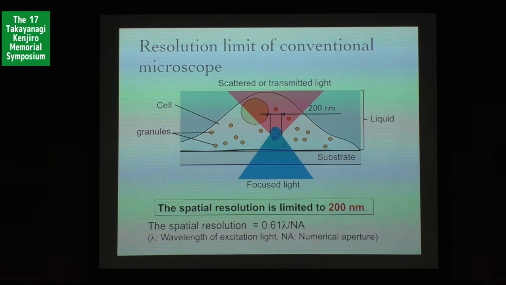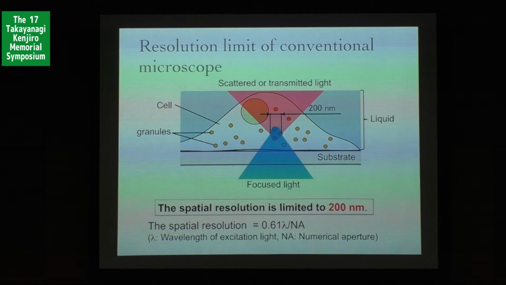First, I explain the spatial resolution limit of the conventional optical microscope. This figure shows a schematic diagram of a conventional laser scanning microscope. The laser beam is focused to here, and the three objects are illuminated.